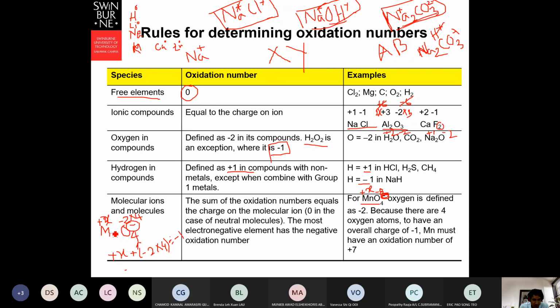So if we solve this problem, we see that X is equal to positive 7. So this manganese has positive 7 charge. The oxidation state of manganese is positive 7.